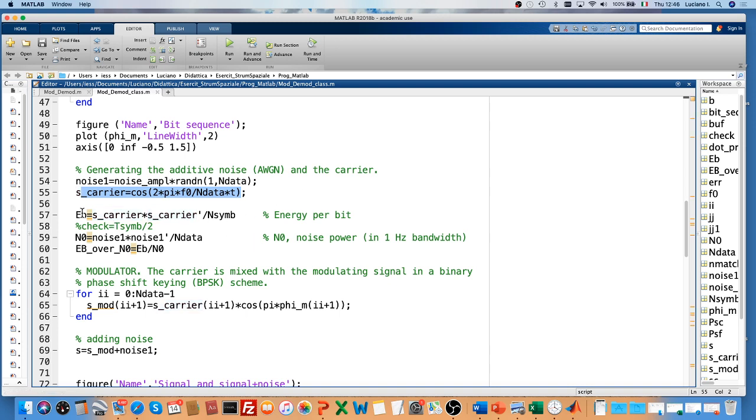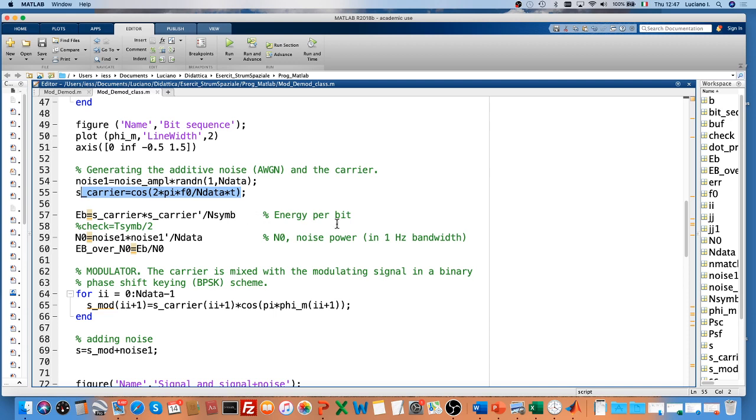Now I compute the energy per bit. The way in which I compute the energy per bit, I take the vector of the carrier, multiply by its transpose, therefore I take the scalar product of the carrier, which is the sum of the squares of the samples, and divide it by the number of symbols.